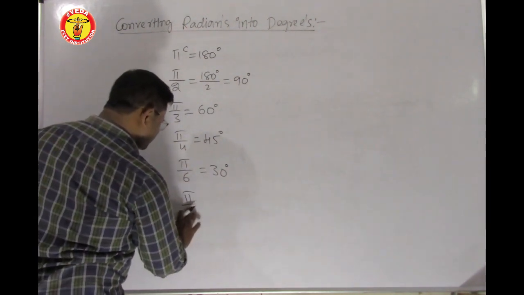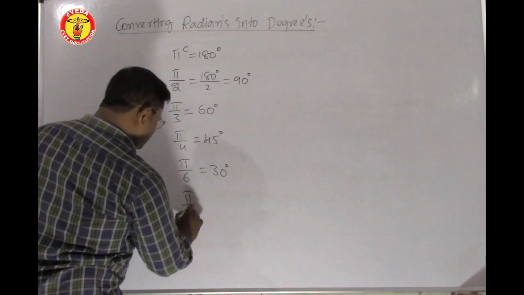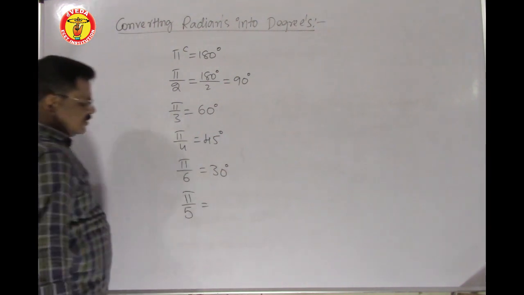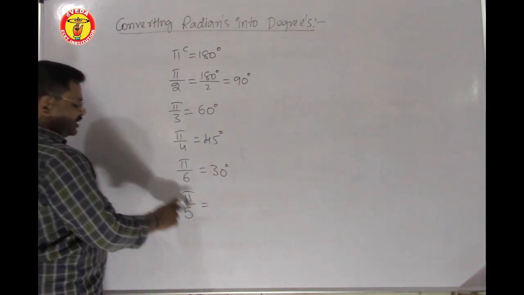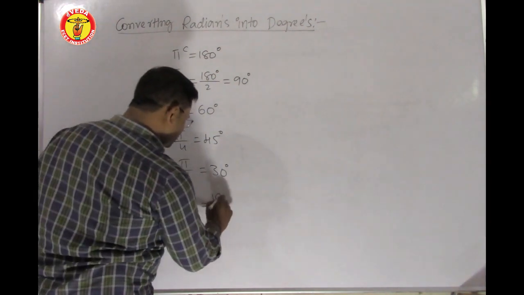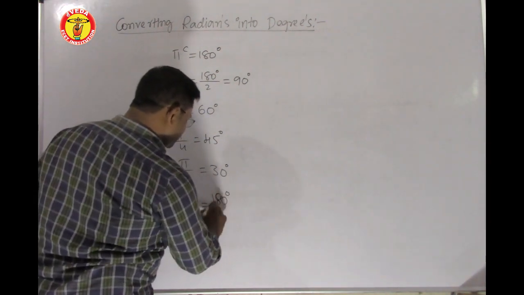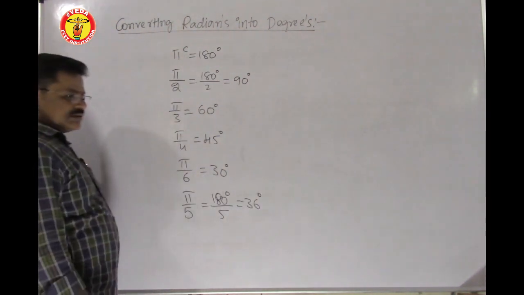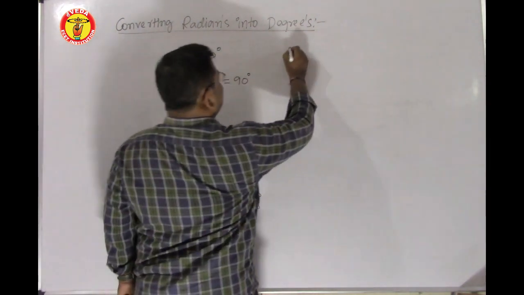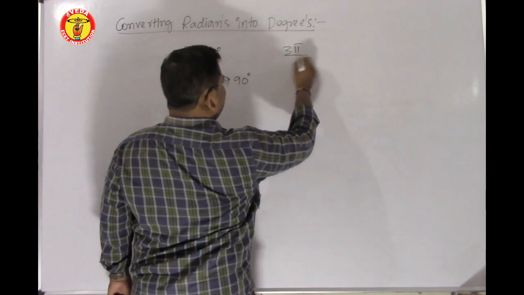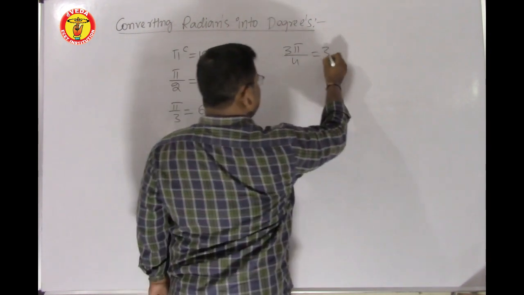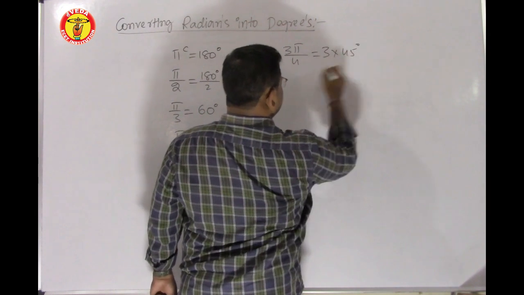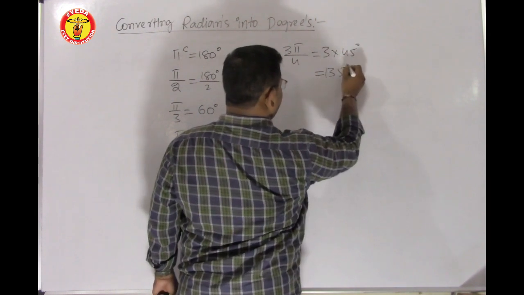Now can you answer what is the value of pi by 5? It is written as 180 by 5, which is 36 degrees. If it is 3 pi by 4, that is 3 into 45 degrees, which is 135 degrees.